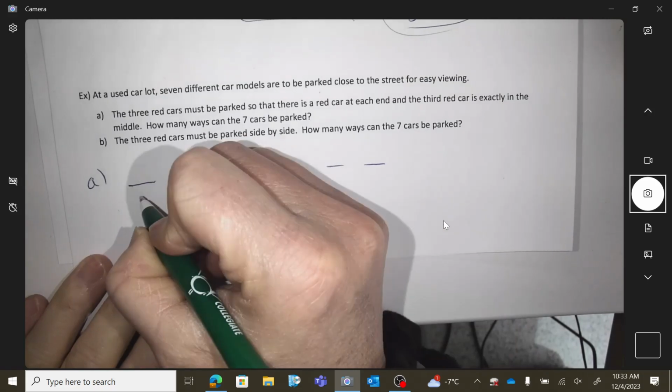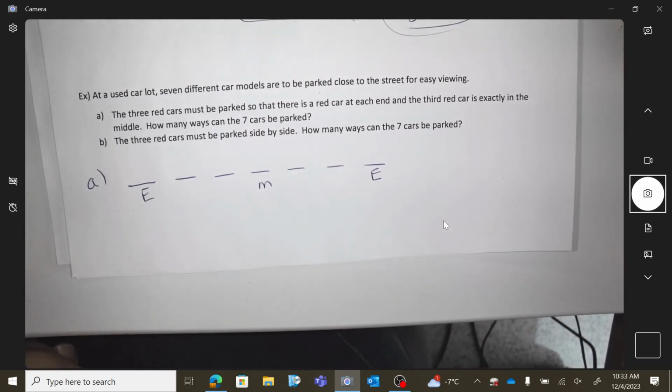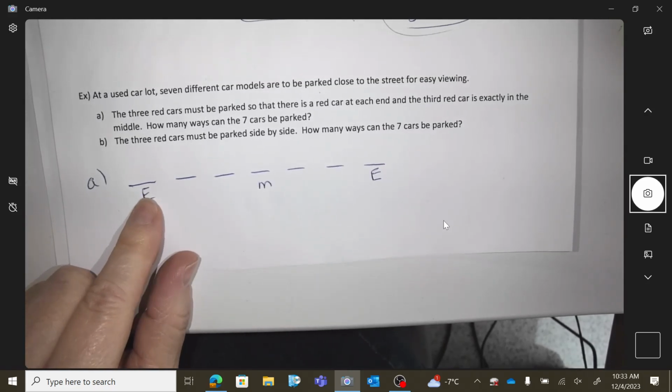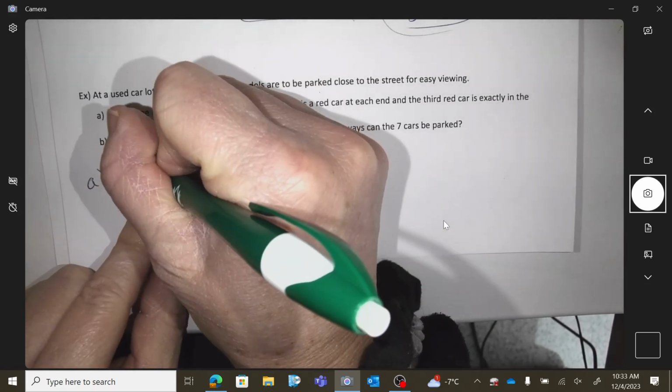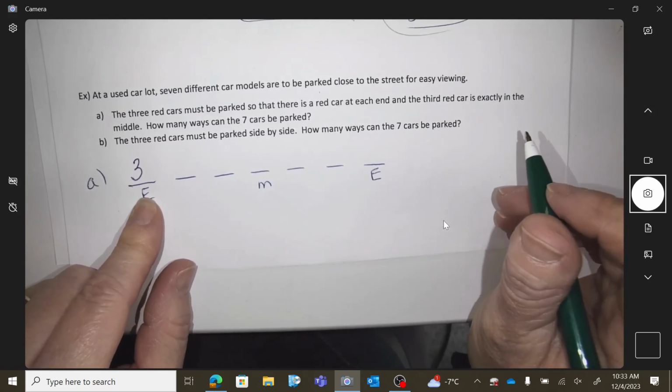They need to be parked at the ends and in the middle. I have to put red cars on the ends and in the middle. Okay, so here I go. I'm going to put a car right here. How many options do I have? 3. I have 3 red cars to pick from.